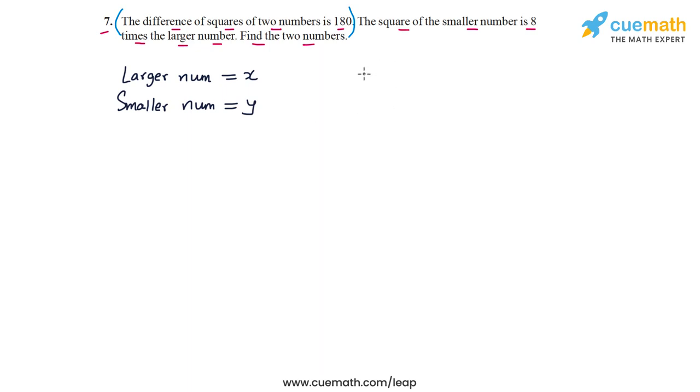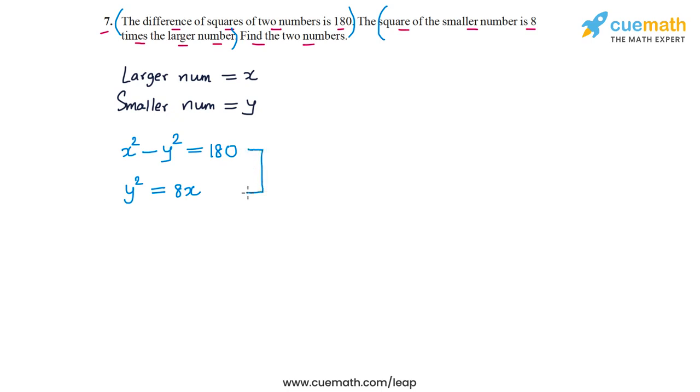So using this we can write one equation, x square minus y square is 180. Then the second piece of information says the square of the smaller number is 8 times the larger number. So y square is 8x.